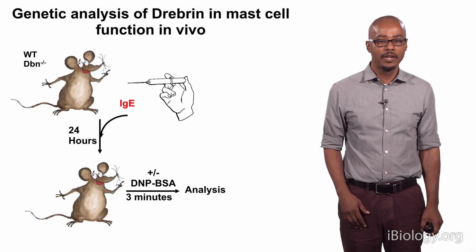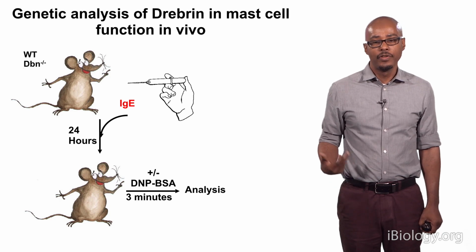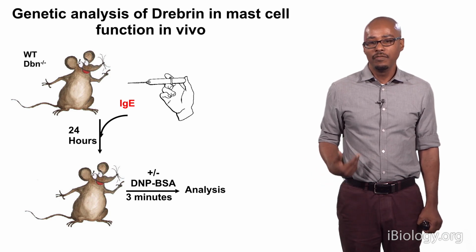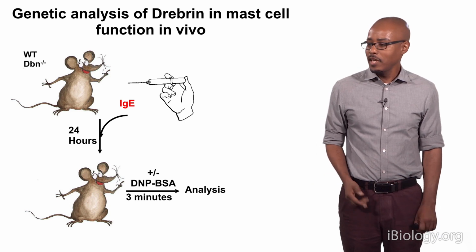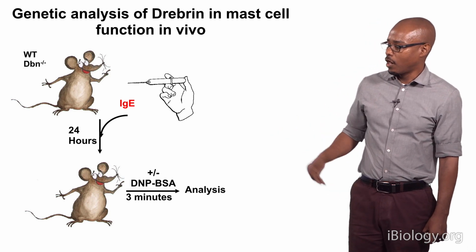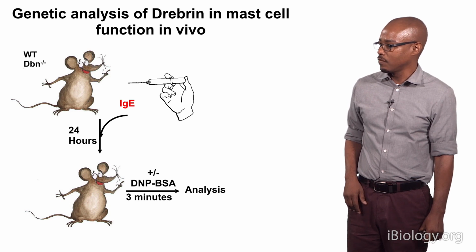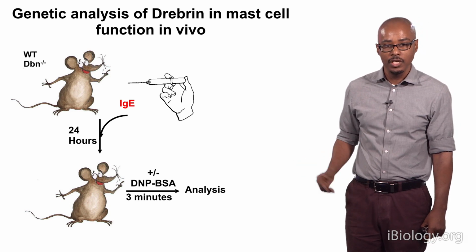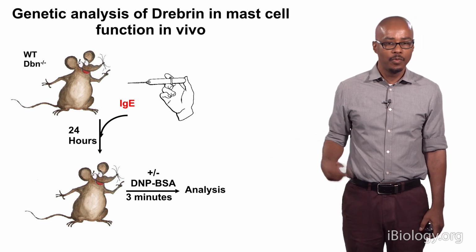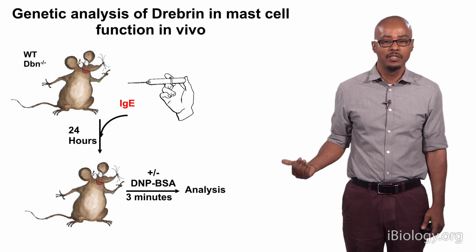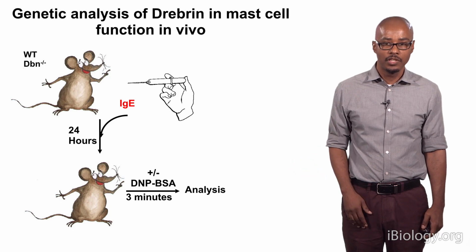So the next thing we decided to do is ask whether these mast cells were functional in vivo in this analysis that I talked to you about earlier. Here we armed the mast cells in vivo with IgE by injecting IgE, and then the next day we challenged them with the allergen, and 3 minutes later we collected these mice and determined whether there was any histamine.